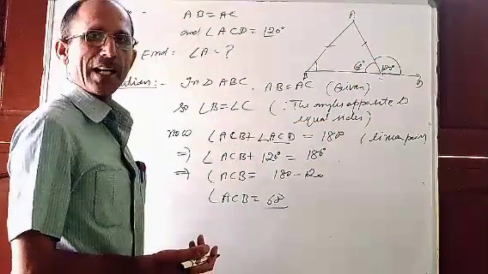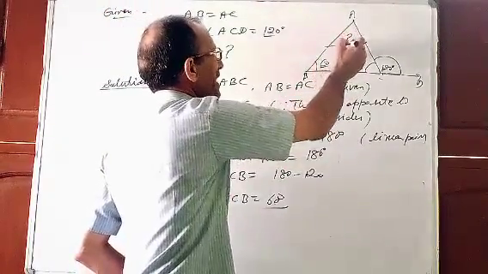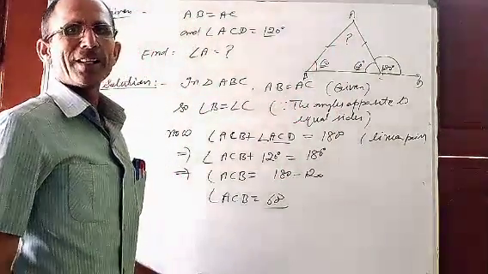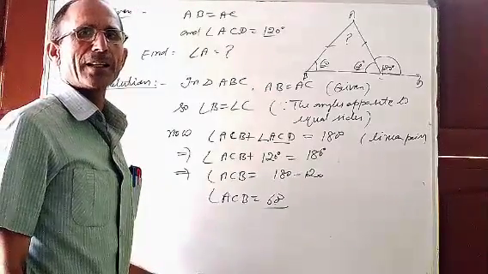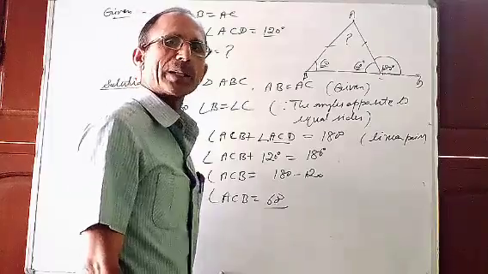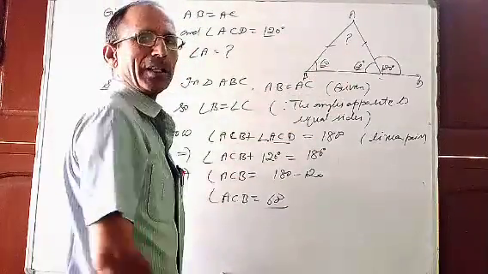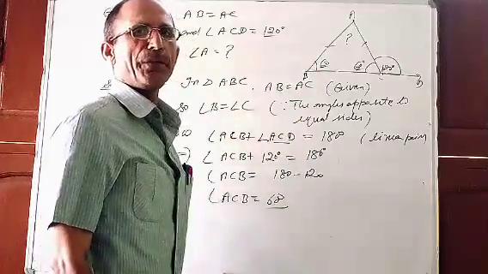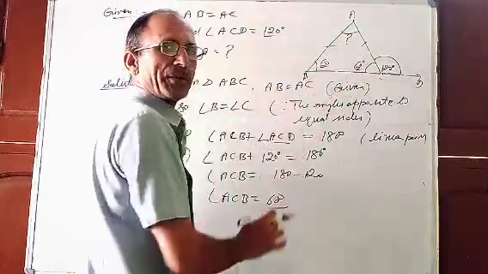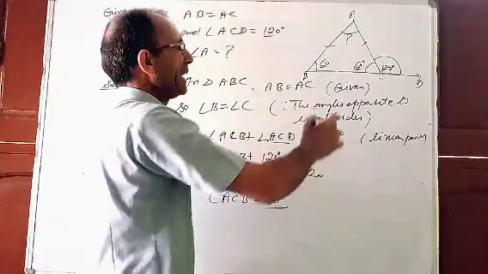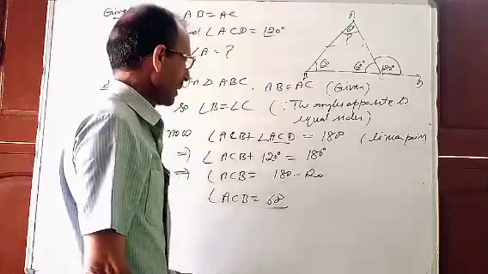B and C are equal, so this angle also will be 60 degrees. But we have to find this angle. Now the angle sum property. Yesterday we proved one theorem related to triangles: the sum of the angles of a triangle is 180 degrees. So we have two angles, both equal, 60 and 60. Their total will be 120. So what will be the measure of the third angle? Subtract 120 from 180, so this also will be 60 degrees.